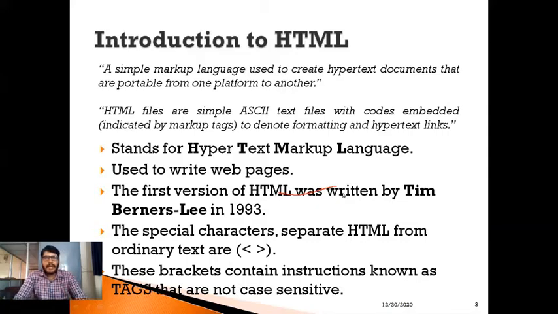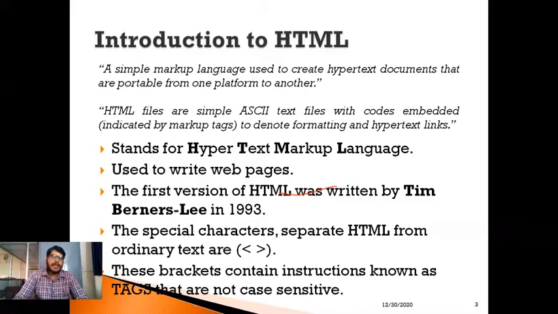This HTML code can be executed or run on any platform. Suppose we are using a Windows operating system or a Linux operating system, it doesn't matter. It will execute on all kinds of platforms. That's why it is called platform independent.